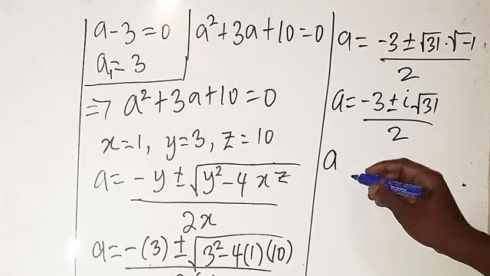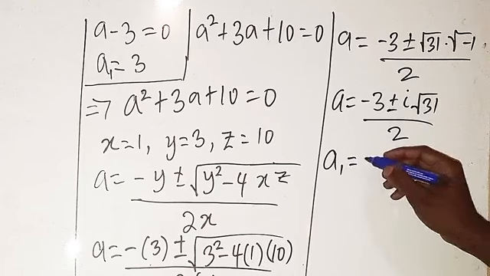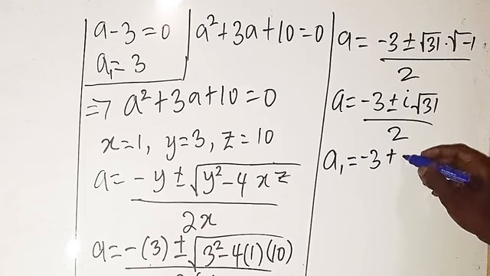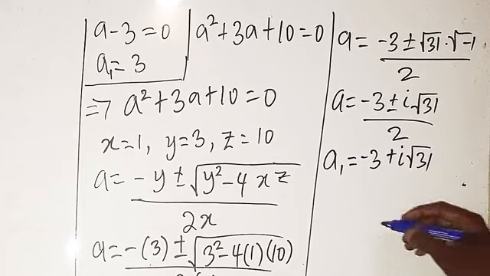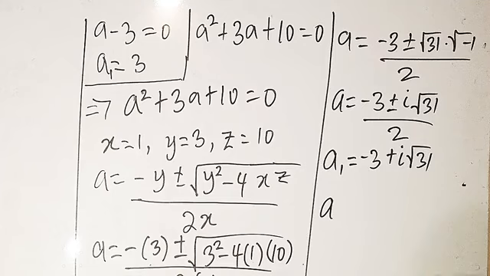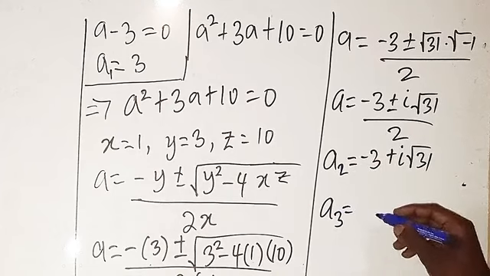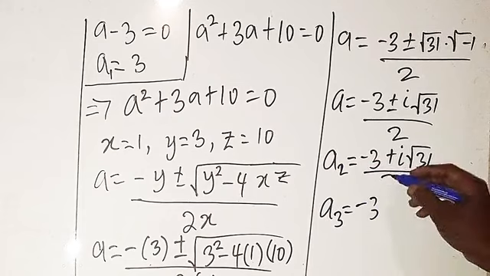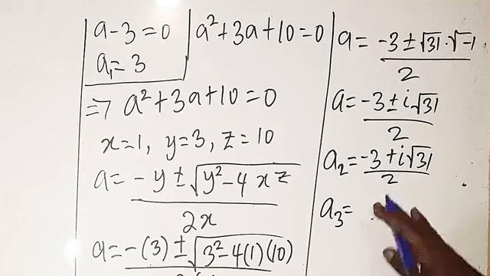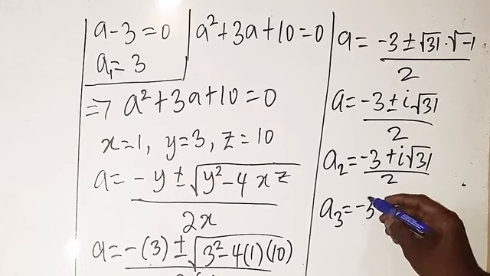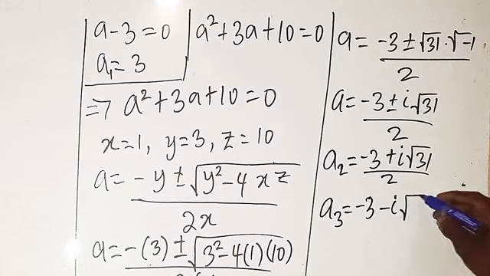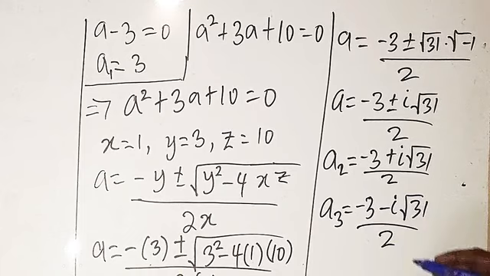So we have a1 equals 3, then taking the positive sign first, a2 equals minus 3 plus i root 31, and a3 is going to be minus 3 minus i root 31, don't forget the division by 2.